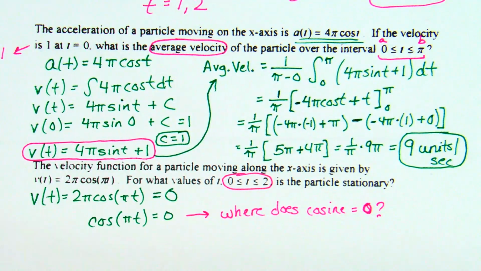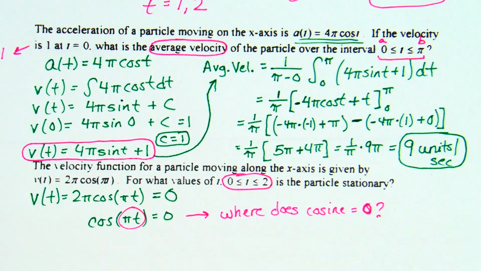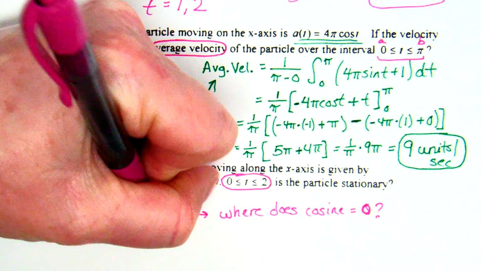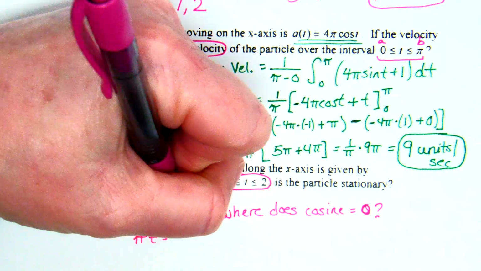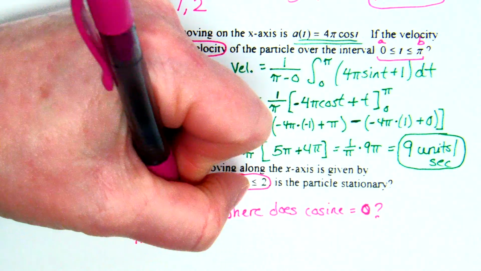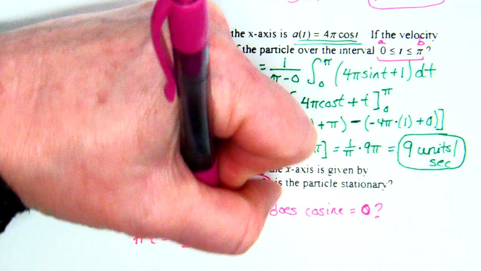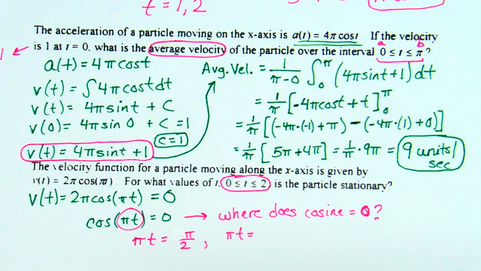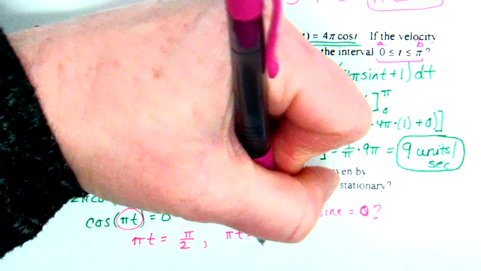Here's the catch. What's actually in here? It's not just when does cosine of t equal 0, it's pi t. So we're going to set pi t equal to pi over 2, then 3 pi over 2. I got my numbers wrong a moment ago.